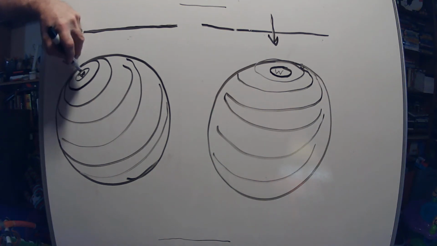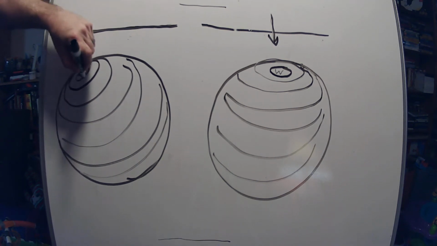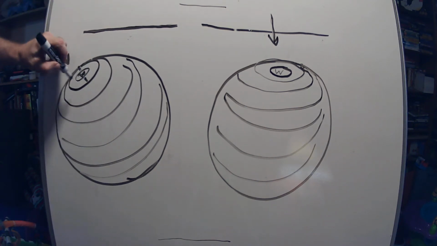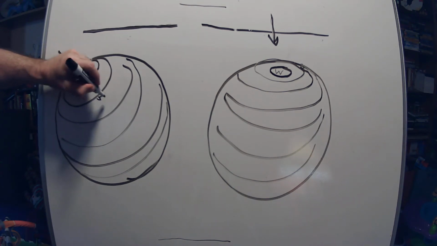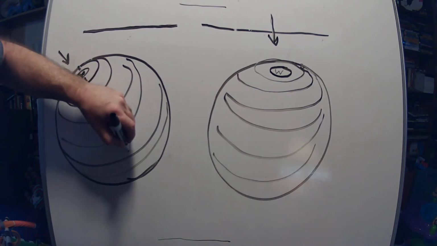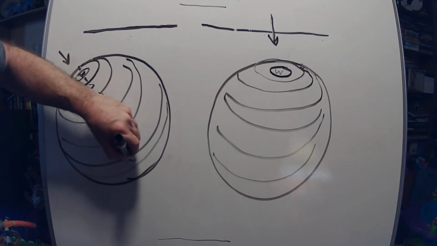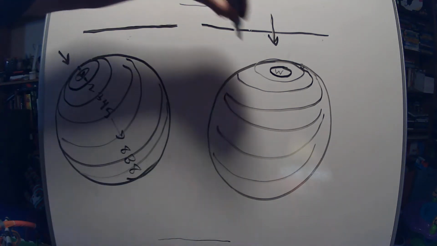So this is going to be 1 right here. And this is going to be 1. And then this is 2, 3, 4, 5, all the way down to 8, black, and 8. Okay? Same thing over here.